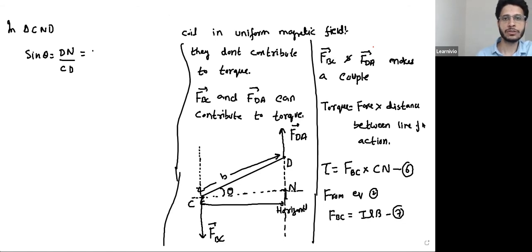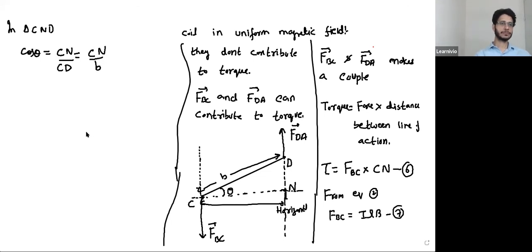So sine theta is not very useful. Instead, let's use cos theta. Cos theta is Cn over CD. CD is B, so this is Cn by B. So your Cn is B cos theta. This is equation number 8.